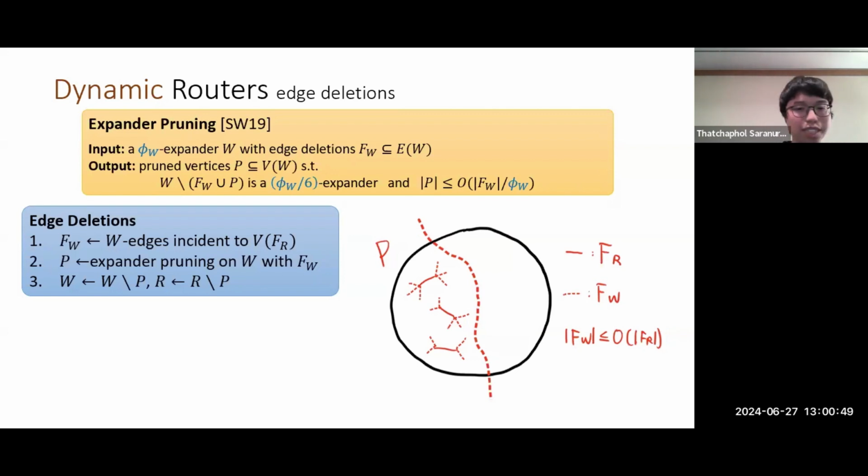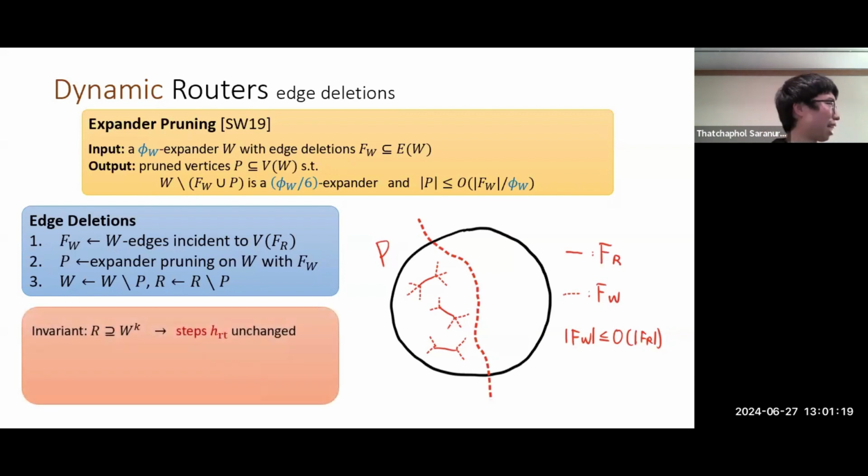We can do this because this expander W has constant degree, which means that the size of F_W, the number of edge deletions in the underlying normal expander, only blows up by a constant factor compared to the size of the edge deletions to the router. Okay, then step 3 is normal. We just prune these vertices out from W and also R.